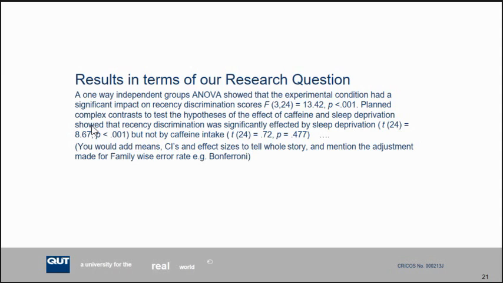And that is the result of our complex comparison comparing the sleep-deprived conditions to the not sleep-deprived conditions, but not by caffeine. And this is the contrast where we compared the groups who received caffeine with the groups who received the placebo. Remember, if you're writing up a full results section, you'd add means, confidence intervals, effect sizes, and talk about the adjustment that you made for those follow-up tests to control for your family-wise error.